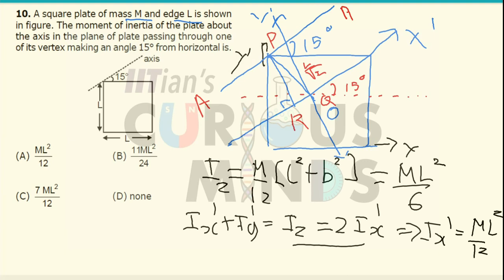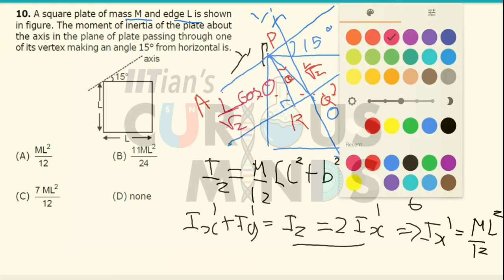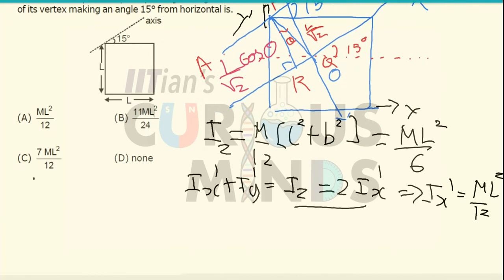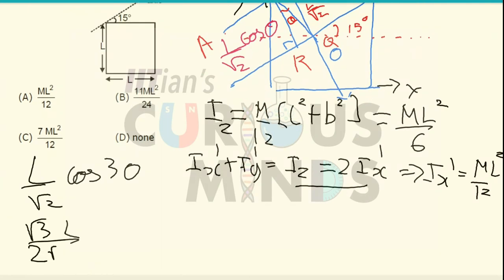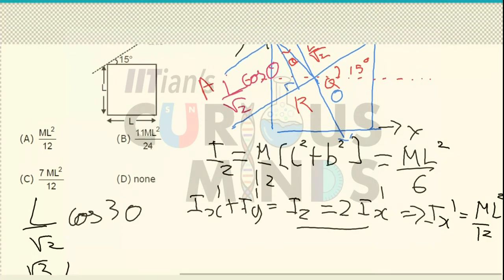By the geometry, theta will be equal to 30 degrees. So the perpendicular distance over here will be L by root 2 cos 30, and cos 30 is root 3 divided by 2. So it will be equal to root 3 L divided by 2 root 2. Now this is the perpendicular distance between both the axes.